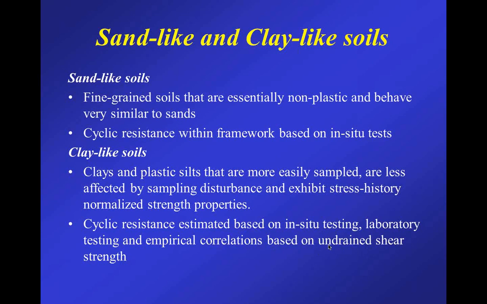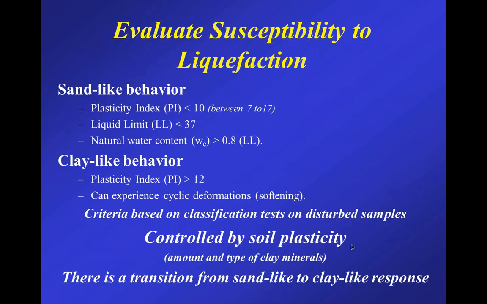And you'll see that when we talk about cyclic softening of clay-like soils, we will in fact use the CPT and we'll estimate the undrained shear strength, and then through that estimate the cyclic resistance ratio for softening.